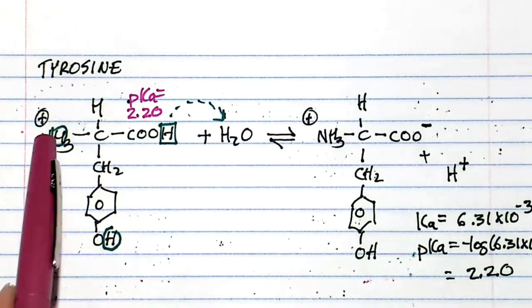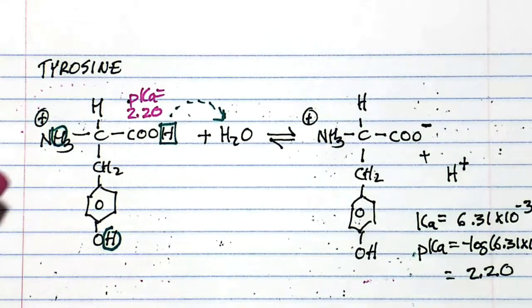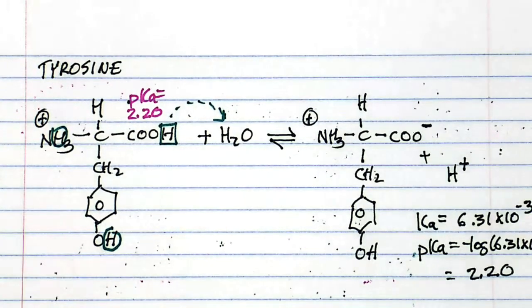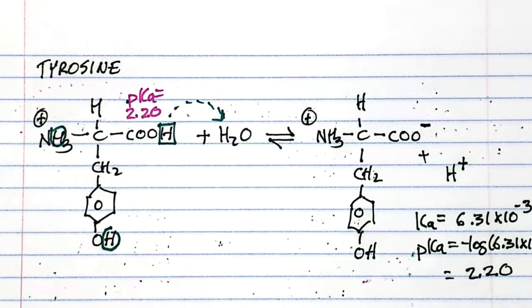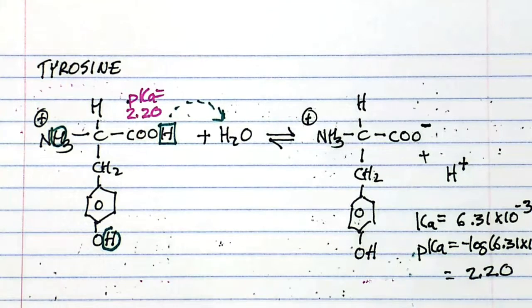Now, what about this proton and this proton? Again, you're going to have to know when these protons come off. You don't need to know the specific Ka constant or the pKa constant. That should be in your flashcards. What about this proton here? The reaction for this proton is going to be this.